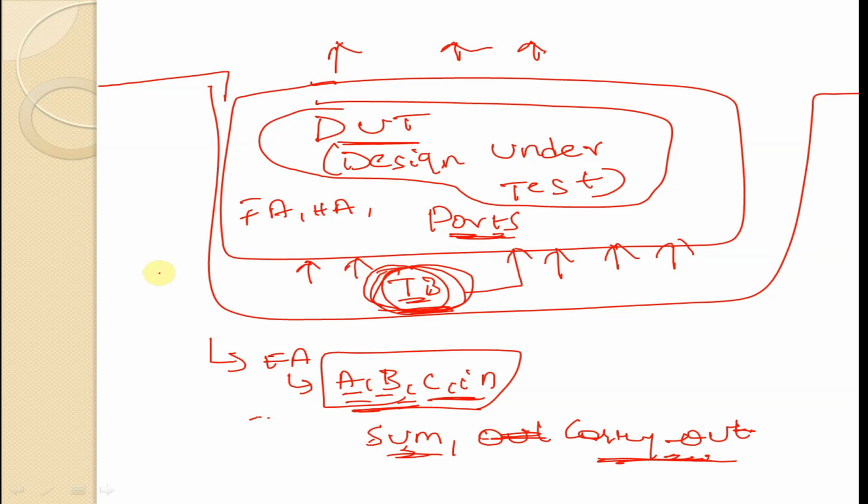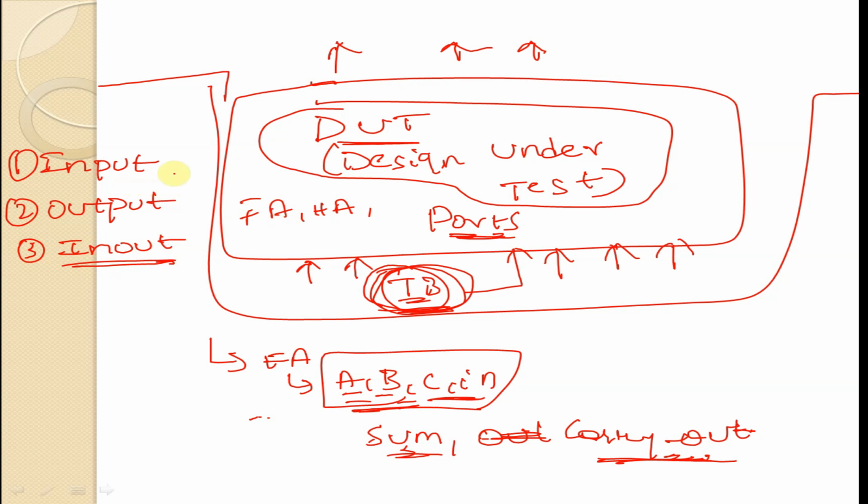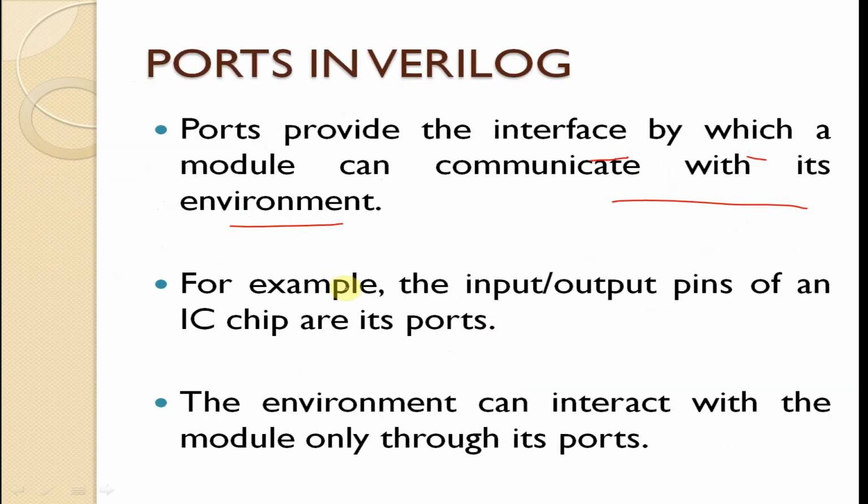There are basically three types of ports. First type is input port. Second is output port, and third one is inout. These ports are helping our design to communicate with the external environment, in this case our TB.